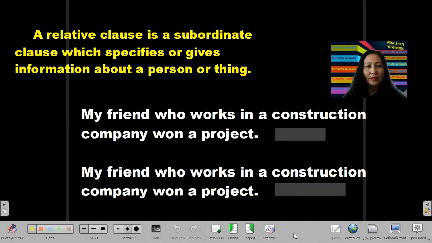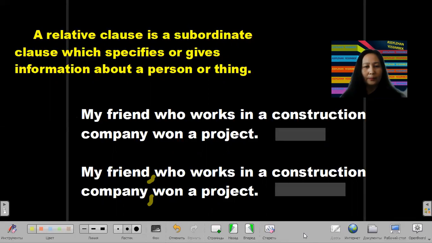My friend, comma, who works in a construction company, comma, won a project. As you see, the two sentences look almost equal, but with the commas we have absolutely different relative clauses.